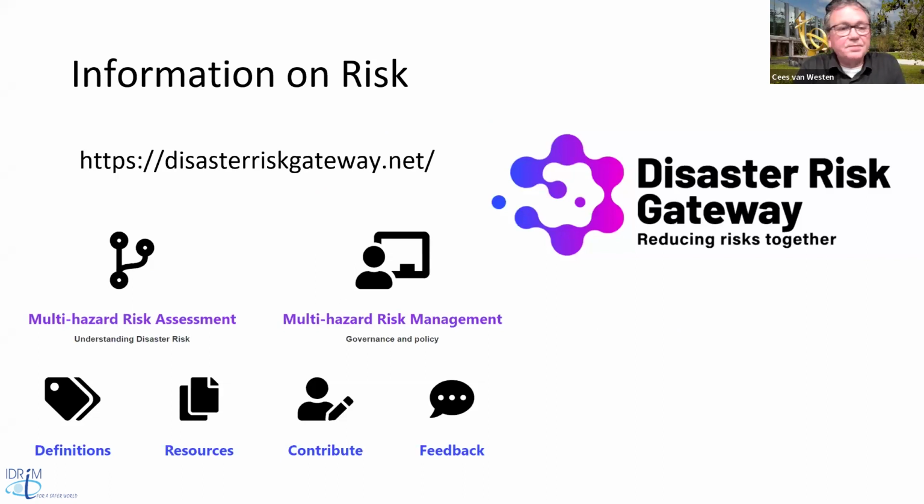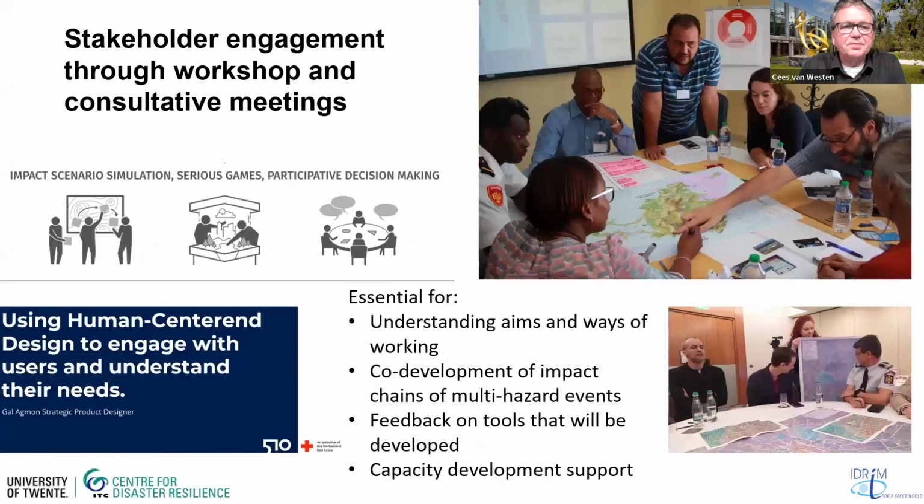So we're currently discussing to see if we could actually team up, to have a better representation of information already brought together in single platforms. One of the platforms that I could mention here is called the Disaster Risk Gateway, developed in a sister project, but we are looking at how we could actually combine. And that already brings together a lot of resources related to multi-hazard risk assessment.